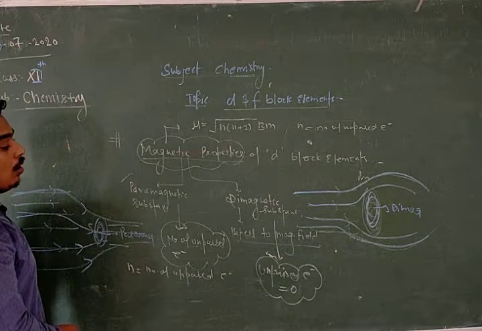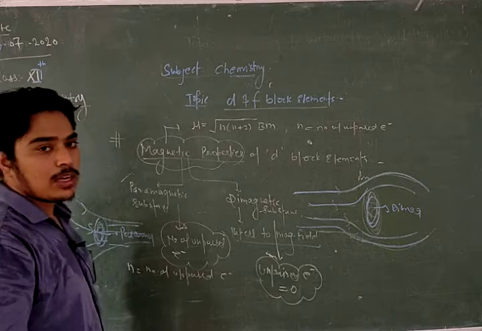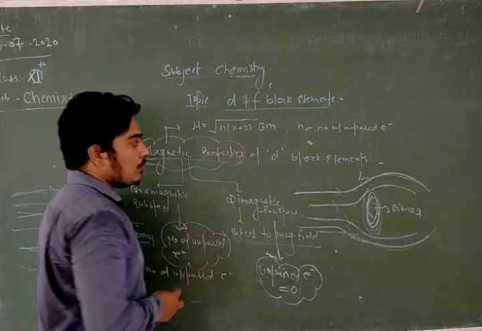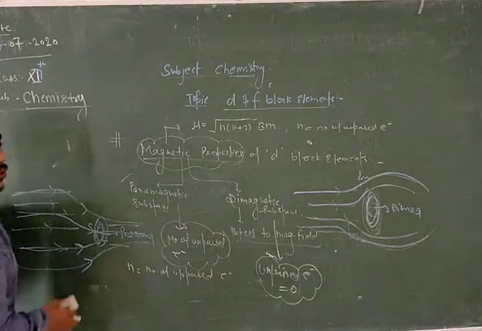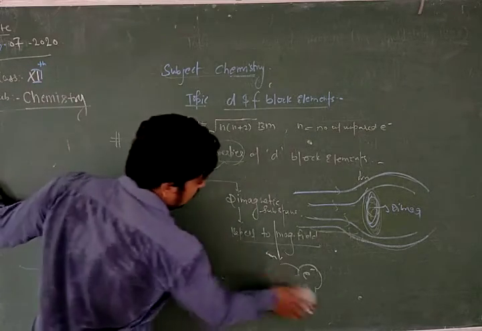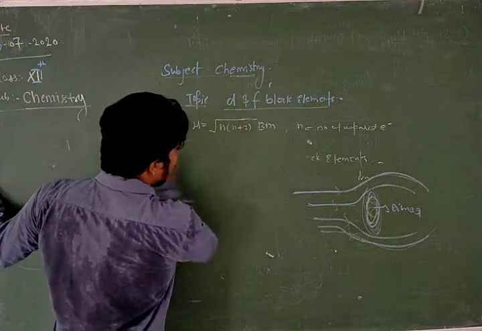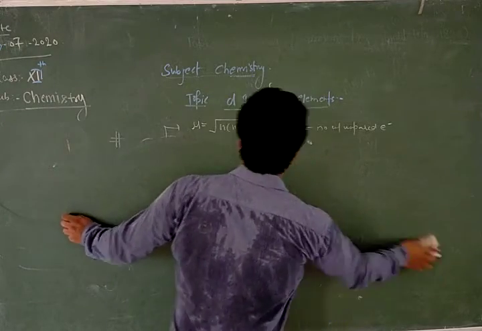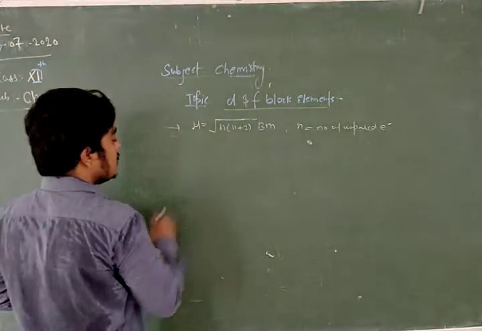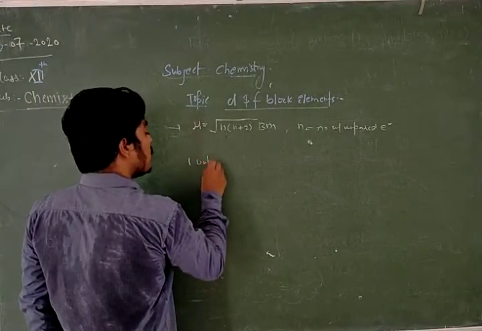So if there is one unpaired electron, 1 times 1 plus 2 means the magnetic moment will be under root 3. If there are 2 unpaired electrons, then the magnetic moment will be under root 2 times 2 plus 2, under root 8.